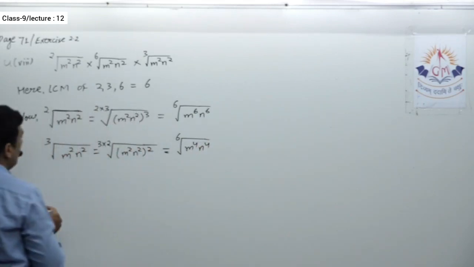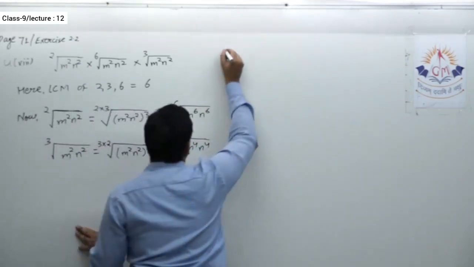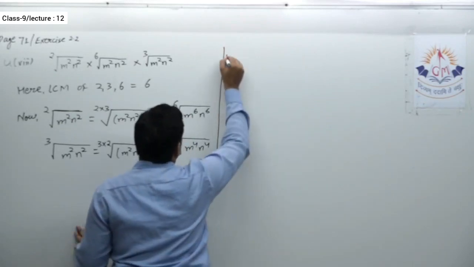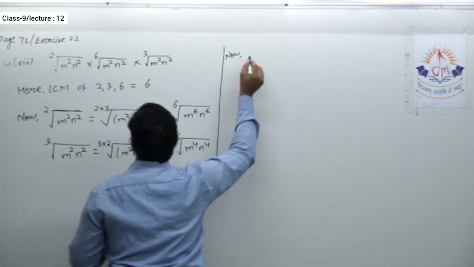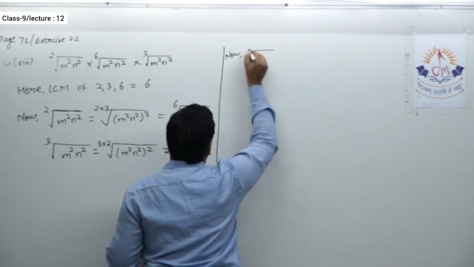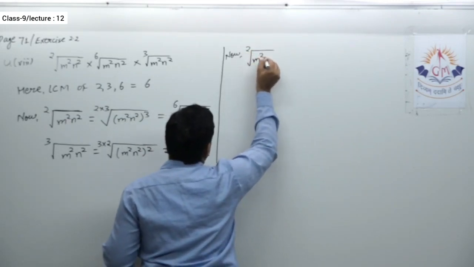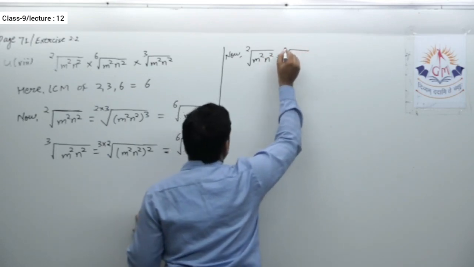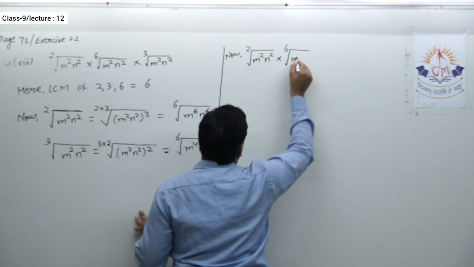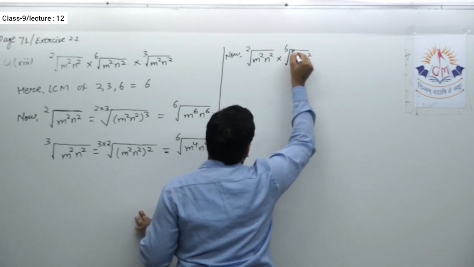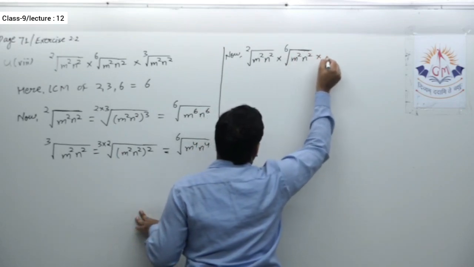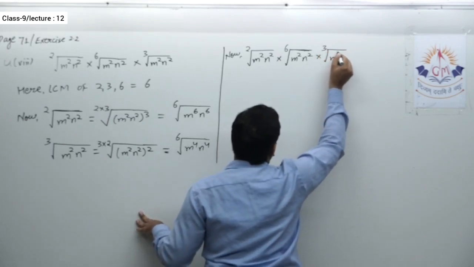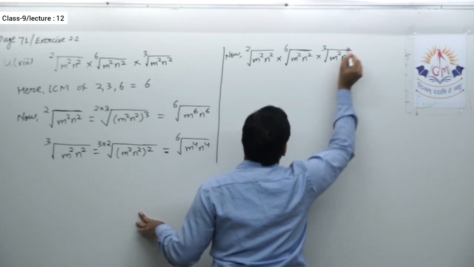Now simply I have to multiply these. So I'm solving over here. Now this second root of m square n square multiplied by sixth root of m square n square multiplied by third root of m square n square.